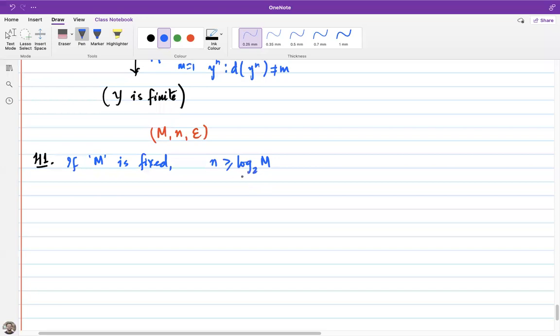Because if you don't add any redundancy, then you will have just the number of bits required to specify one message as the encoded output length, which is n. The least value that n can take is simply log m base 2, and the equality holds when no redundancy is added.